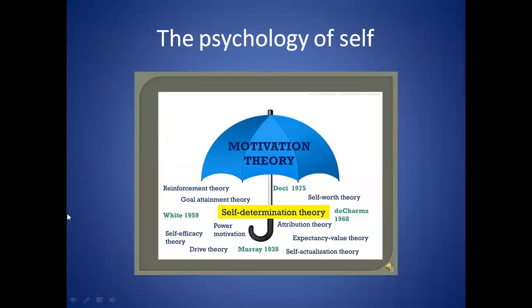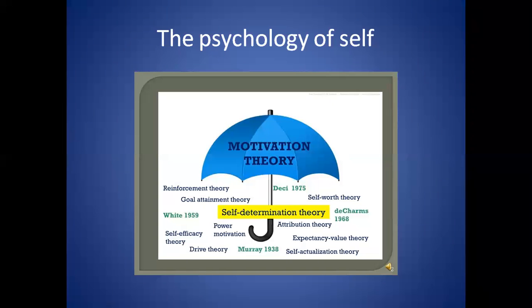My background is in psychology, so I dip into that. I promise not to spend too much time on it. But this theory comes out of motivation theory. How do we get people to do things? How do we help our students, our children, the children of future generations to want to get up and move, to want to make differences, to want to make changes?